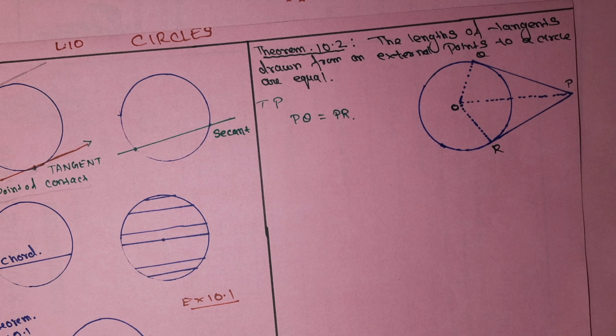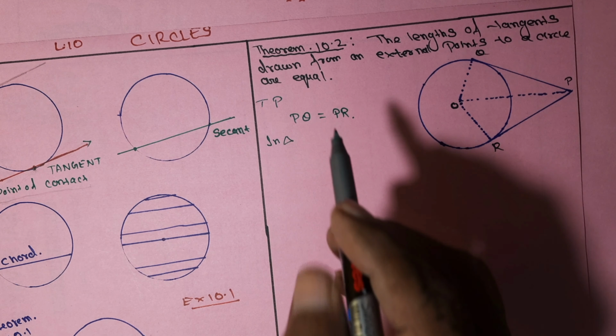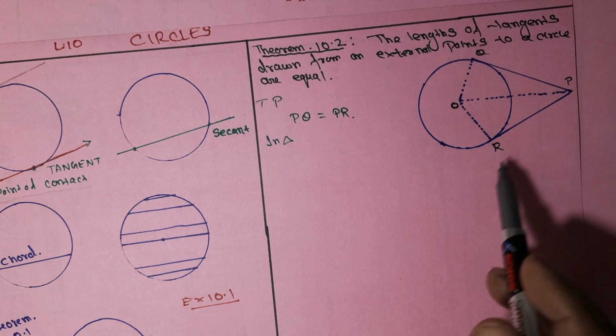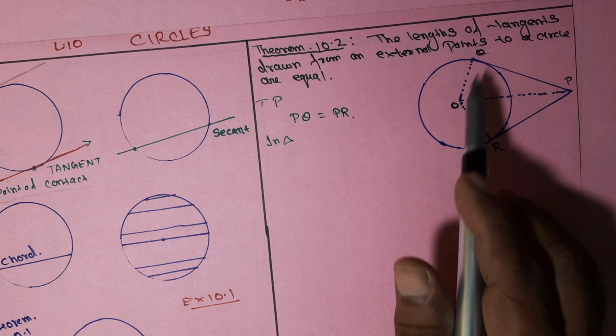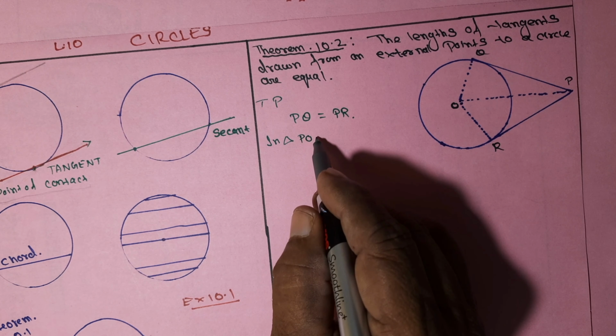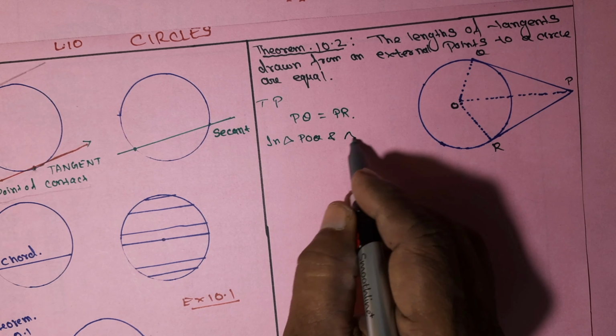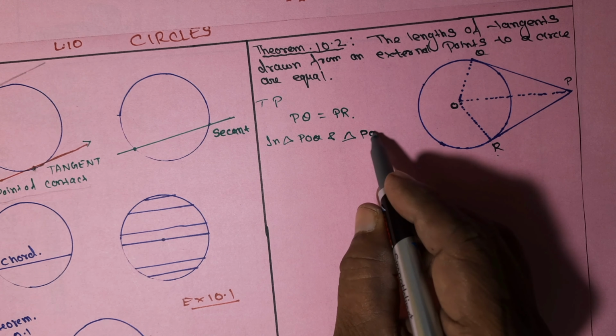Now we have to prove this. How will we prove it? Here we have two triangles. We have to show this side equals this side, and here we have two triangles: triangle POQ and triangle POR.